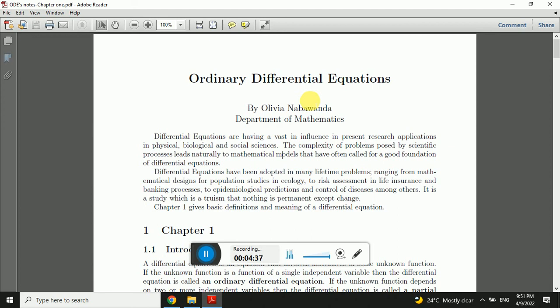If you don't know differential equations, or how to solve them or deal with them, then it will not be easy for you to come up with different mathematical models. So that's how special differential equations are. As a result, differential equations have been adapted in many lifetime problems.